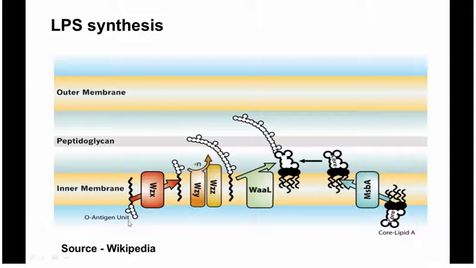On the other hand, you have the O antigen repeats, which are also synthesized on the cytoplasmic face of the plasma membrane, and again attached to a lipid transporter. And this is also going to be flipped over in the membrane to transport the repeating subunit into the periplasm.